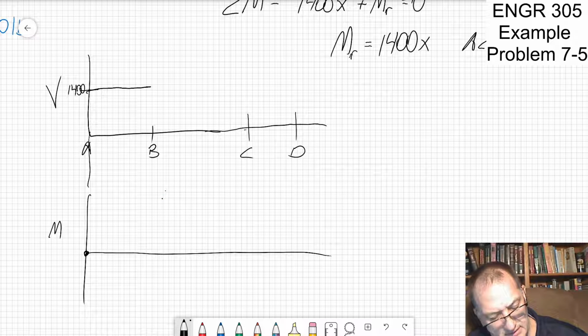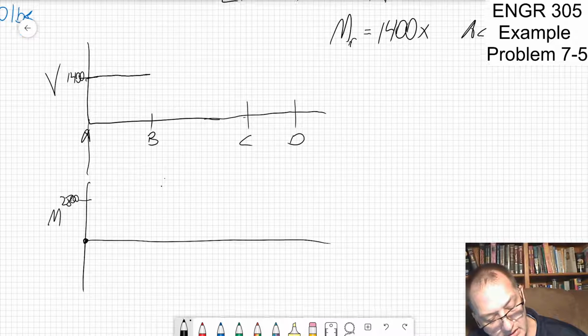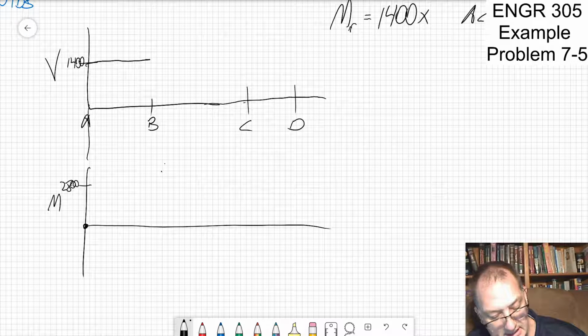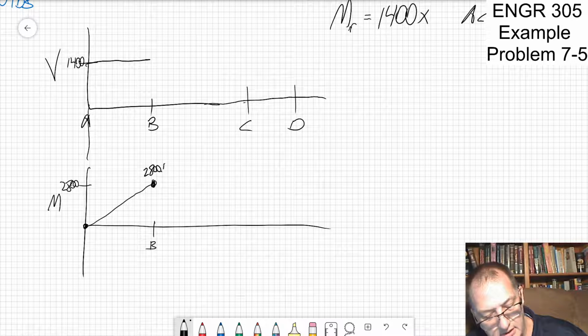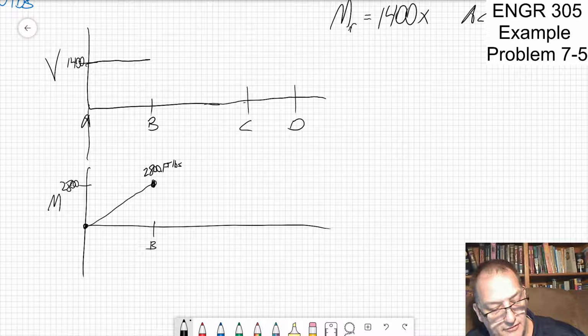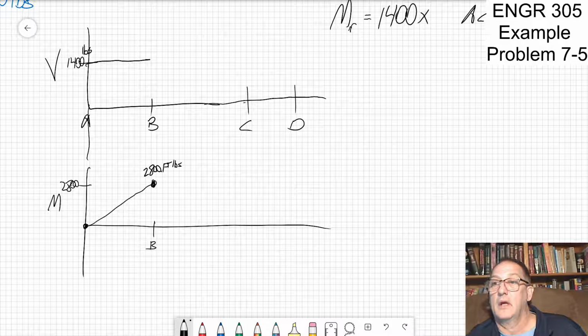So it's 1,400 times B. So this goes up to 2,800. My units here are foot-pounds, and it gets there at B, which is here. That's 2,800 foot-pounds. This was 1,400 pounds. All right, that's A to B.